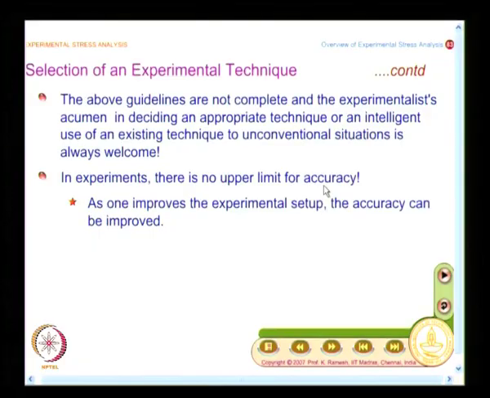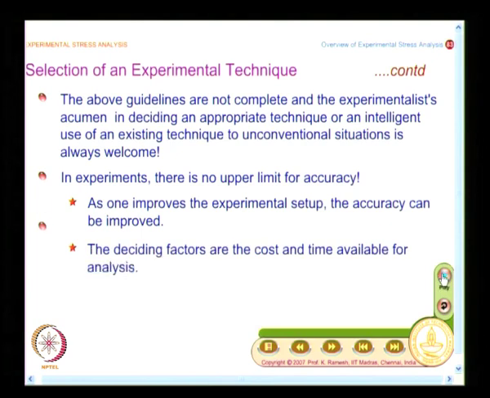As one improves the experimental setup, the accuracy can be improved. So, there is no upper limit for accuracy. And what decides it? It is cost and time. The deciding factors are the cost and time available for analysis.